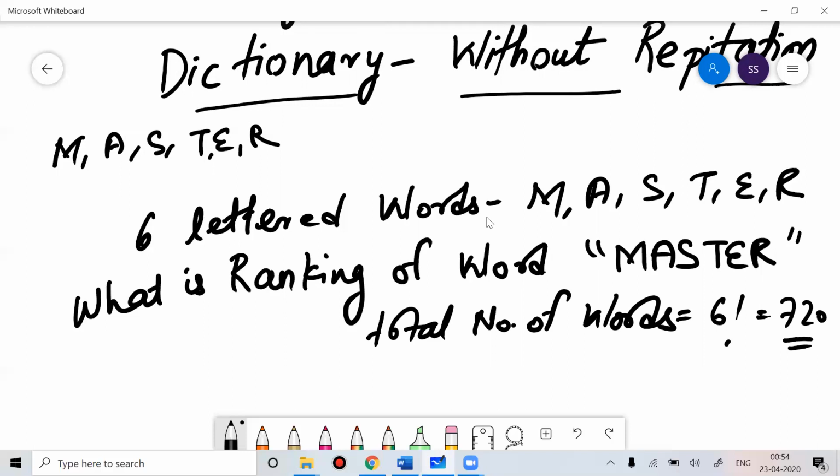Imagine if I want to make a dictionary using these 6 letters, how many words can be there? If one page represents one word, with or without meaning, you can tell me the answer as 6P1 plus 6P2 plus 6P3 plus 6P4 plus 6P5 plus 6P6.